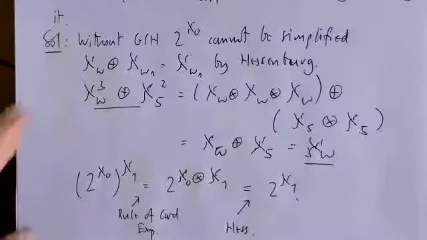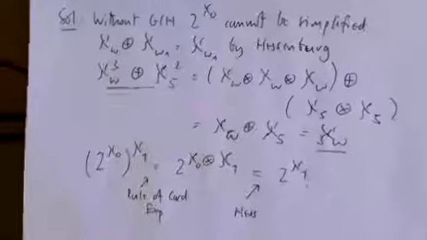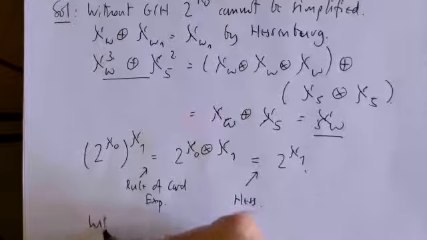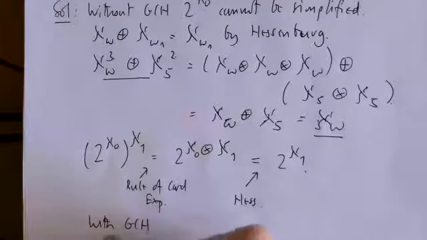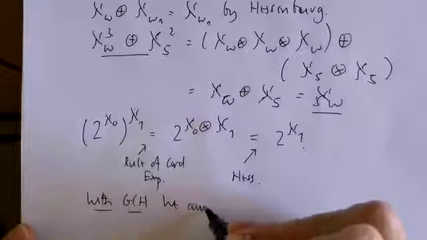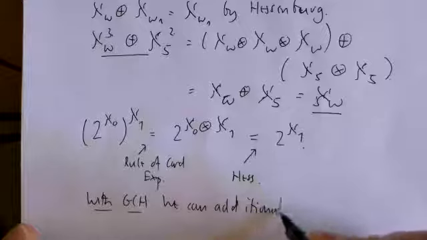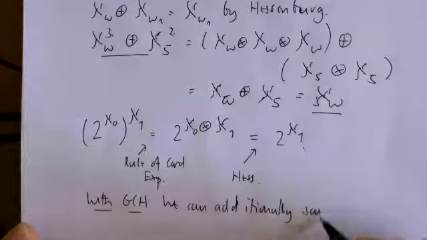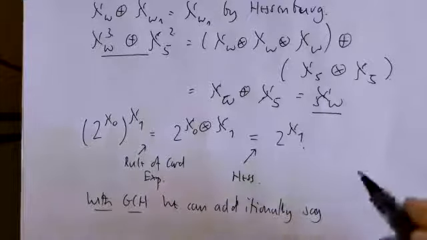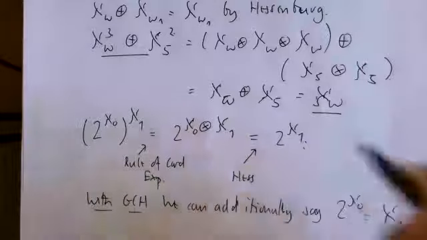So we've done what we can in our first run through with our simplifications. So with GCH, you could just say, we can additionally say 2 to the Aleph 0 is Aleph 1, and this one is Aleph 2.